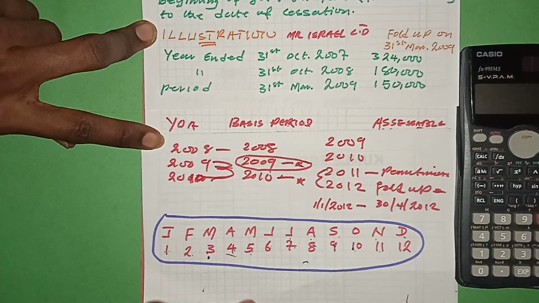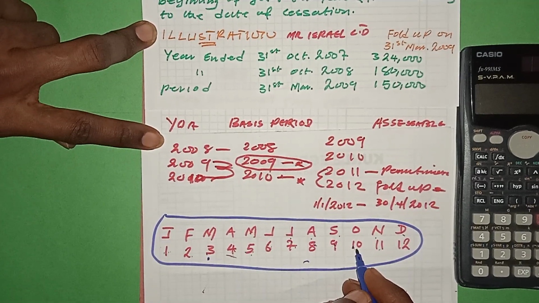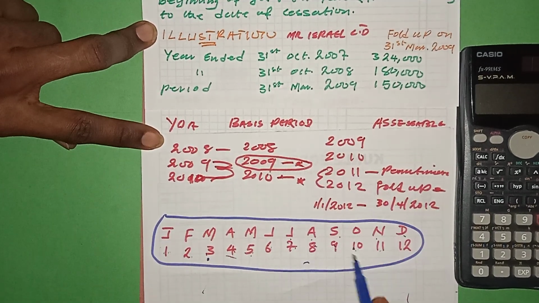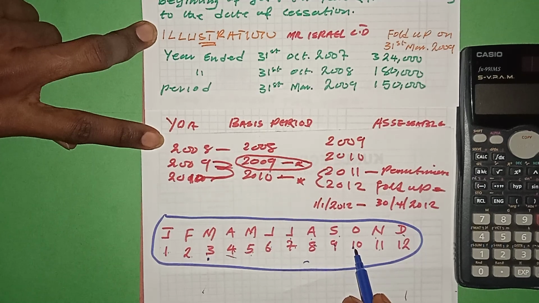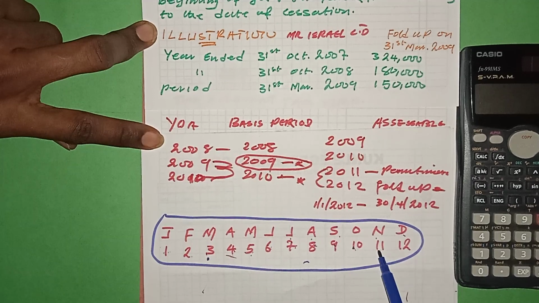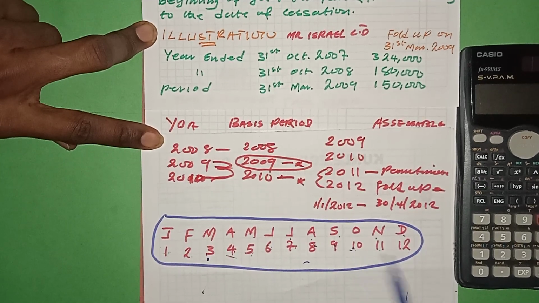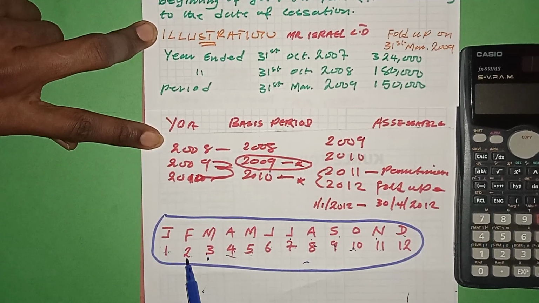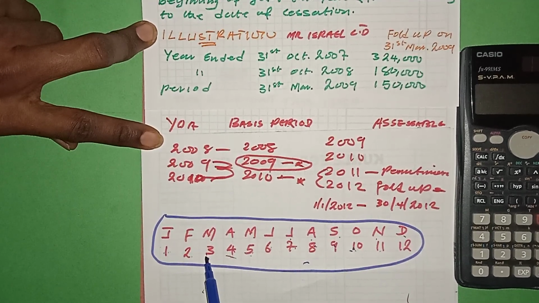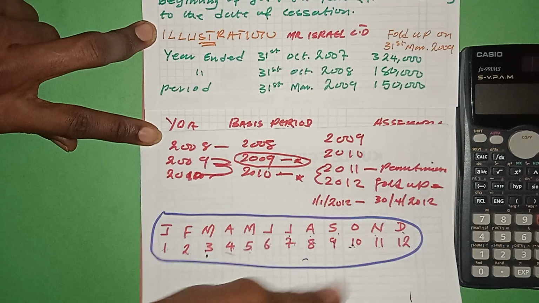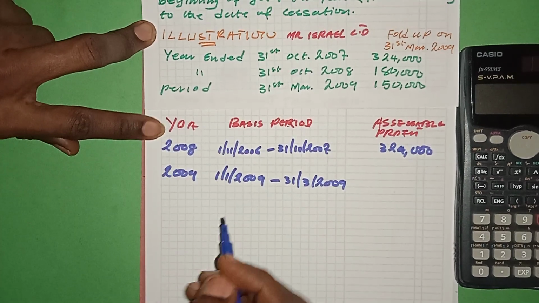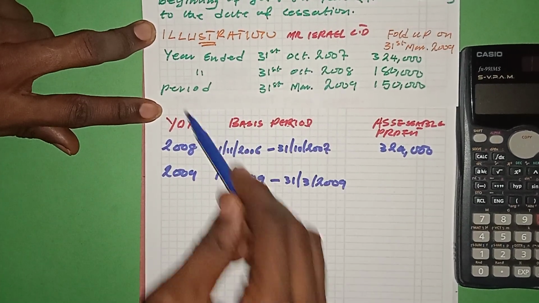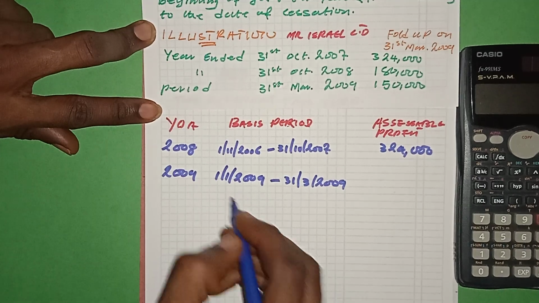You have October 28, less 28, November. Let's start from here now. November, December, January, February, March 29. That is what? 5 months. So within this period, we have 5 months.